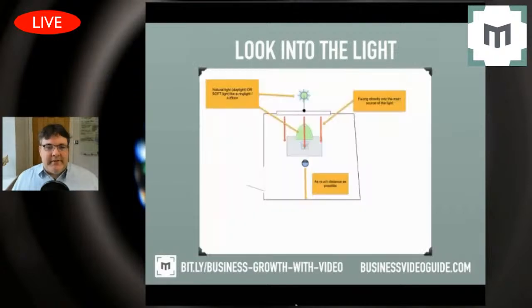So look into the light. This is a nice little diagram which hopefully will bring some clarity to what I'm talking about. Imagine the little blue thing is you, and you either are looking straight into the green sunshine through the window, or if you are going to use an artificial light, like a softbox or a ring light, which we'll talk about in the next video, I'll go through lots of kit ideas and stuff like that, so don't worry, we'll get to that.